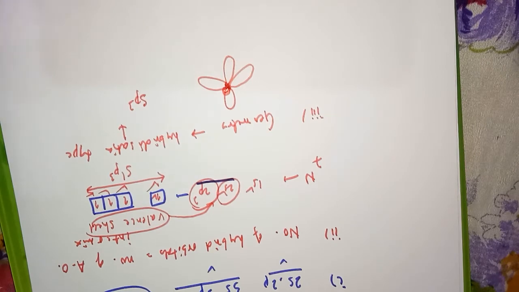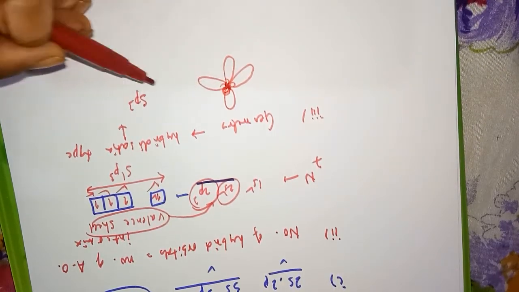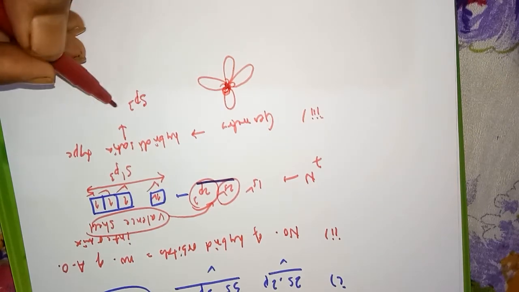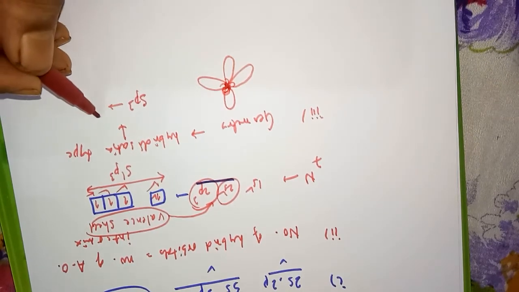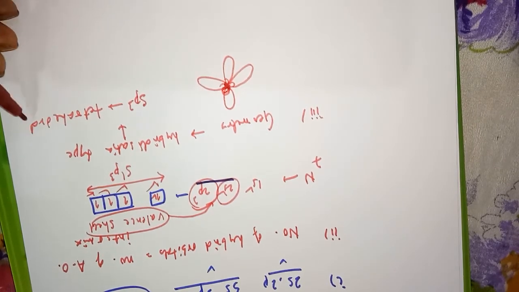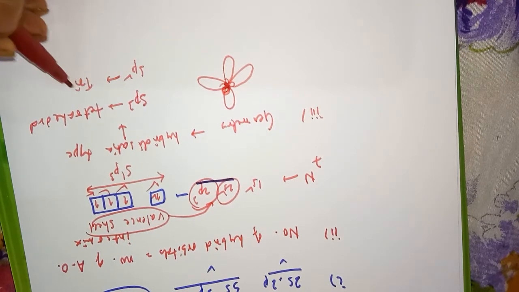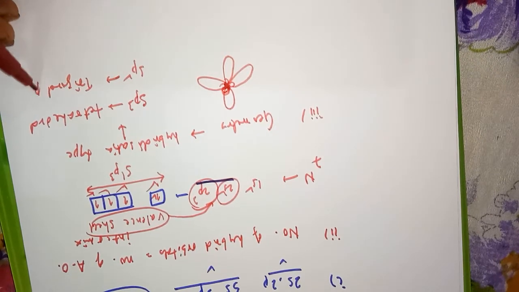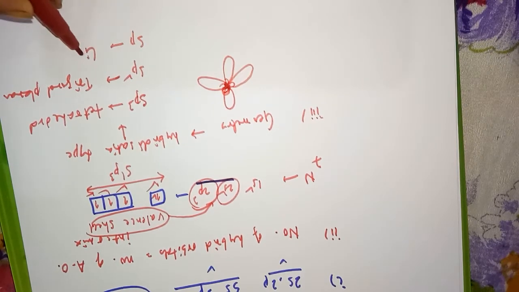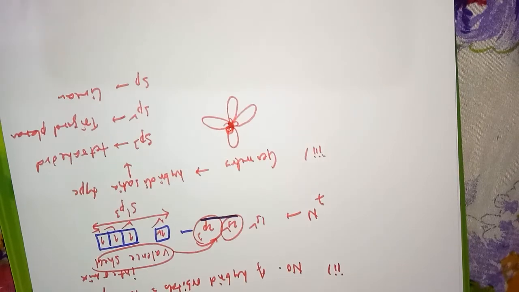You can remember the VSEPR theory; from that also, if there are 4, this becomes tetrahedral. So geometry depends on the type of hybridization. If it is sp3, then we have tetrahedral. If we have sp2, trigonal planar. sp is linear.